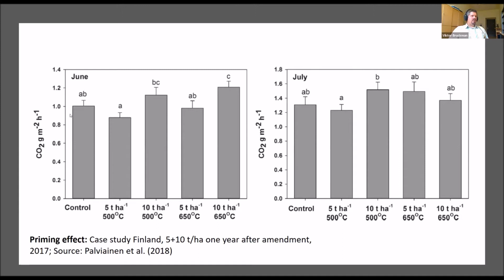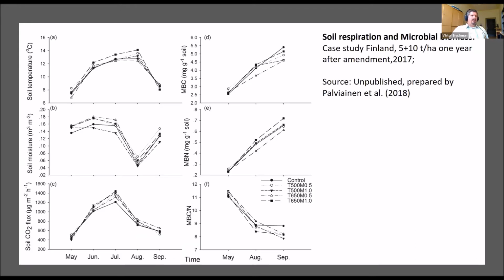And you can also see that, relative to the control, there is not really a significant difference in June and July, 1 year after amendment. This is, I would say, a consequence of the variation. The soil respiration and microbial biomass, we also looked at this.